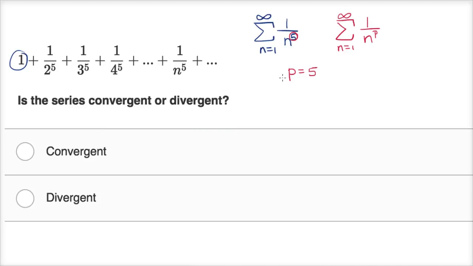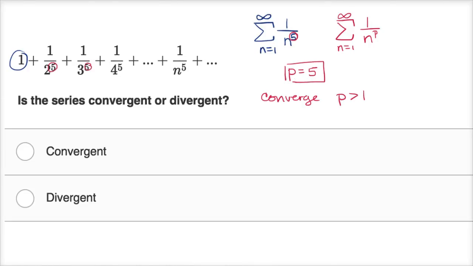Now, you might already recognize under which conditions a p-series converges or diverges. It's going to converge when your p is greater than 1, which is clearly the case in this scenario right over here. Our p is clearly greater than 1.